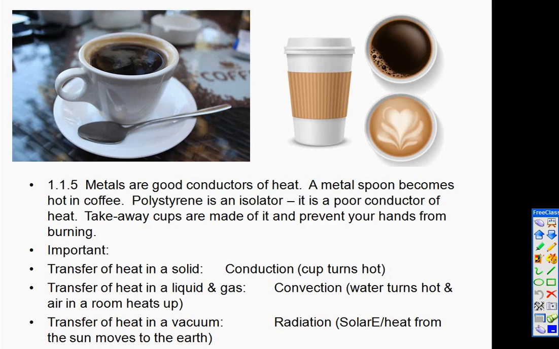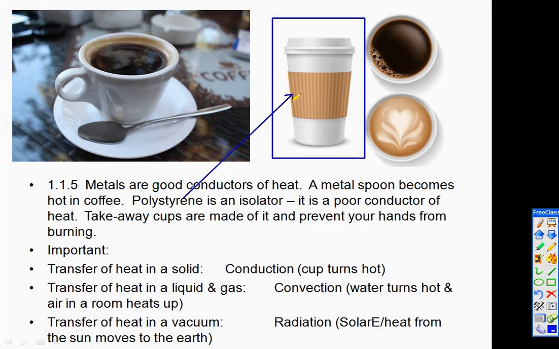Polystyrene is used in takeaway cups. If I go to Wimpy or Mug and Bean or Spur and I buy myself a coffee there, I get my takeaway in a polystyrene cup. So this is a very good insulator. It insulates the heat on the inside from my hand on the outside.